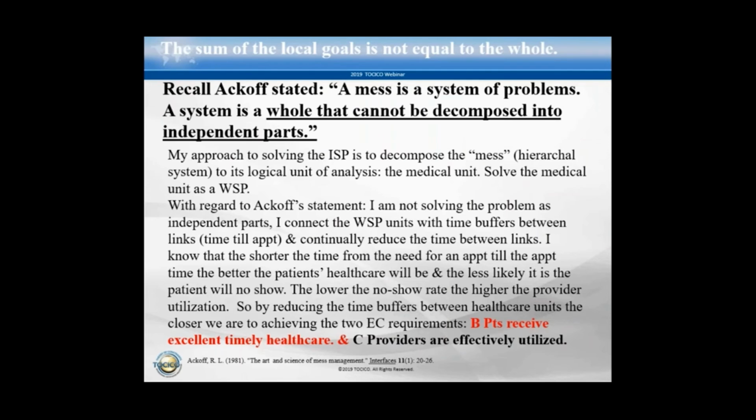As I said, I wanted to come back to this point here in this solution process with regard to Ackoff's statement. He made the statement, a whole that cannot be decomposed into individual parts.